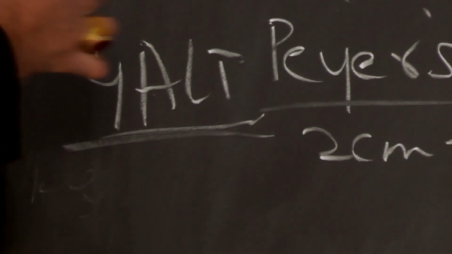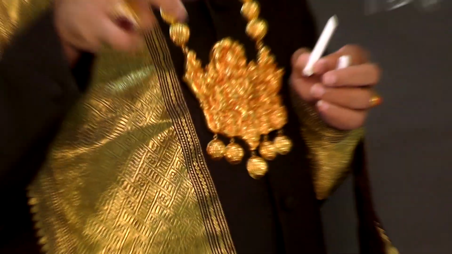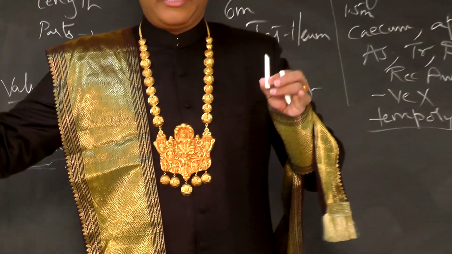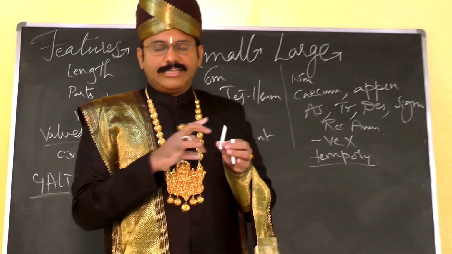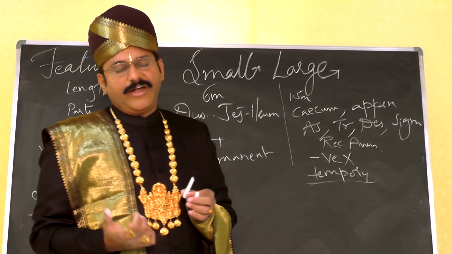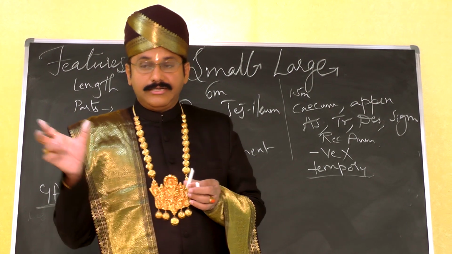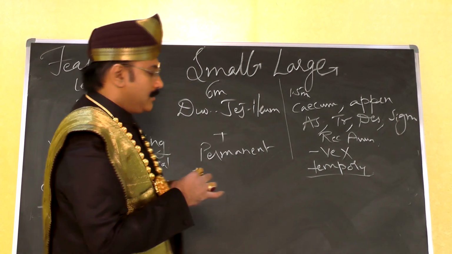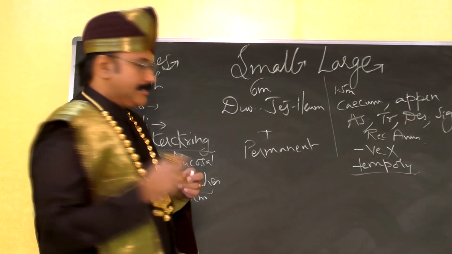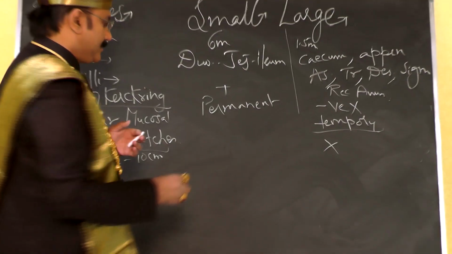The characteristic feature of the ileum, the small intestine, is an extensive collection of lymphatic follicles, and these are called Peyer's patches, about 2 to 10 centimeters in extent. In the large intestine you don't have any Peyer's patches; they are seen in the ileum.